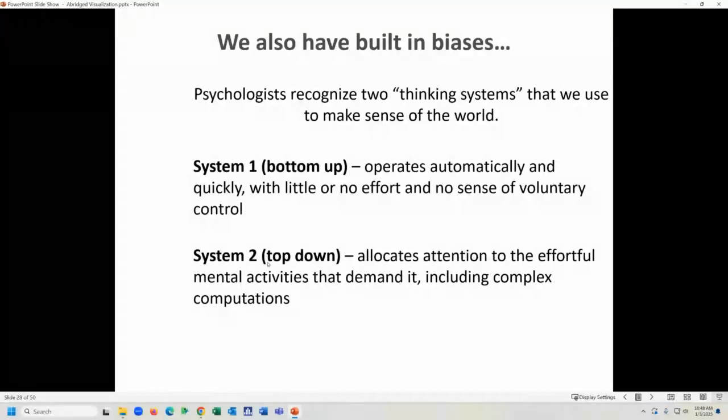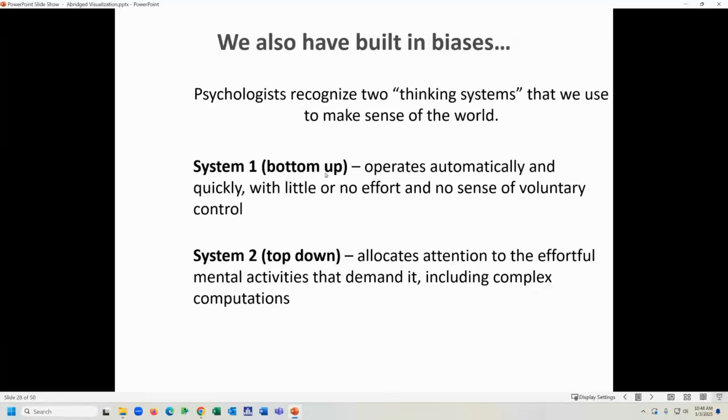And the problem with system two thinking is that system one is never gone. It's still there. And so you have to be aware of it, because even if you think that you're using rational thought, system one may be doing something else that is actually at odds with that.